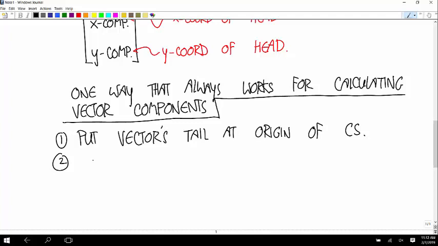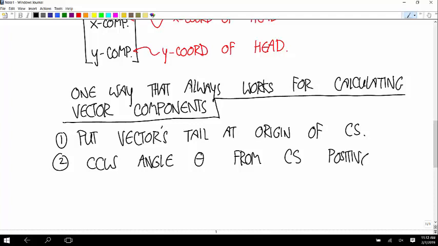Then figure out the counterclockwise angle theta from the coordinate system's positive x-axis to the vector. And CCW is counterclockwise.